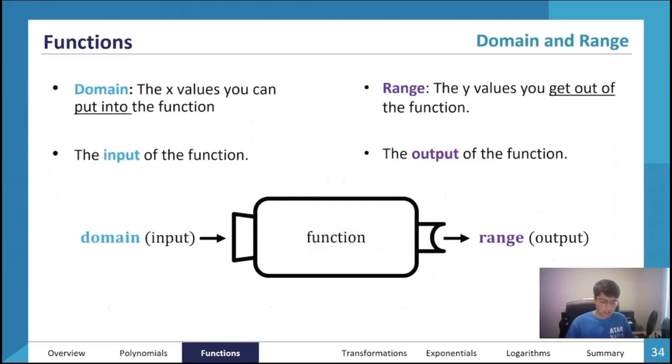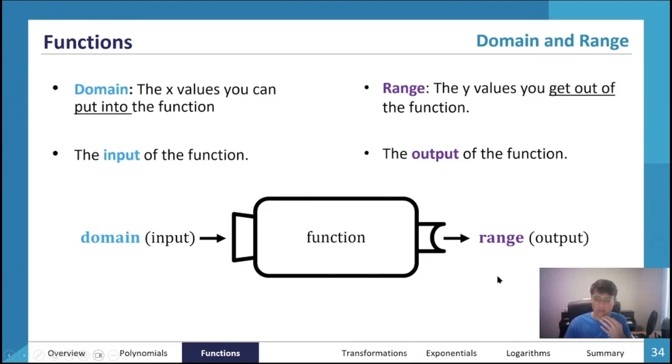Okay, the next thing we need to know is the domain and range of a function. So the domain is the complete set of x values that you can put into the function and get a meaningful result. So it's the input of the function. If we imagine the function as a machine, it's what we put in. The range is the y values that we get out of the function.